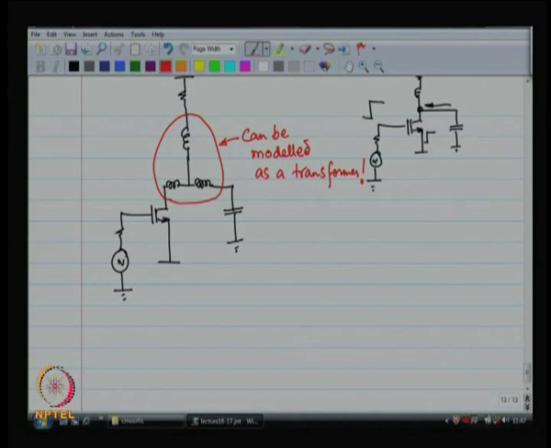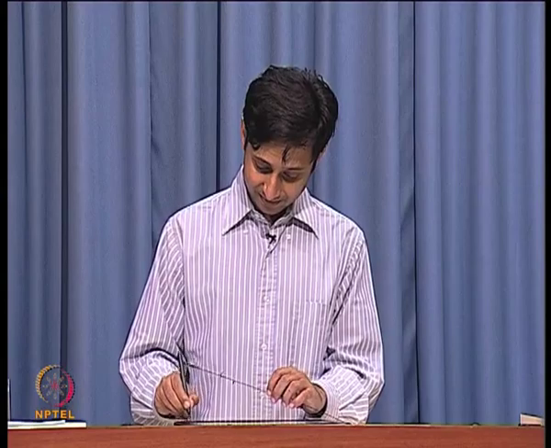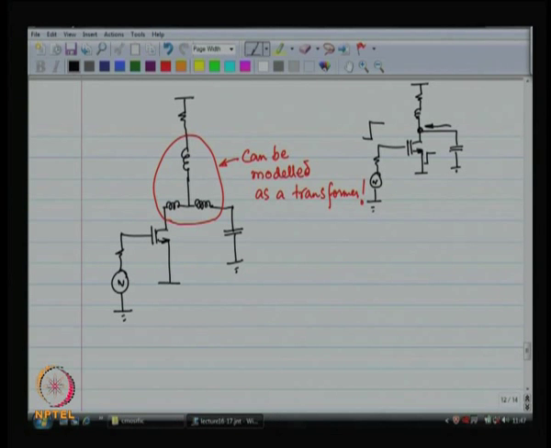Okay. Now, this is where you have to ask questions. Why is this a transformer? How does this remind you of a transformer? Does it remind you of a transformer? Mutual inductance.